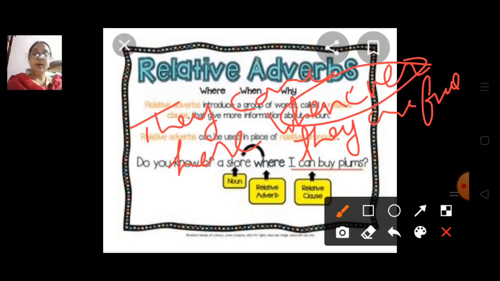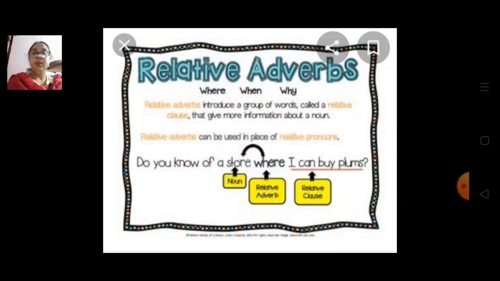So where, when, why, whenever, these are the words that are relative adverbs.